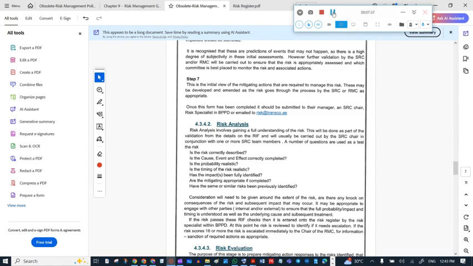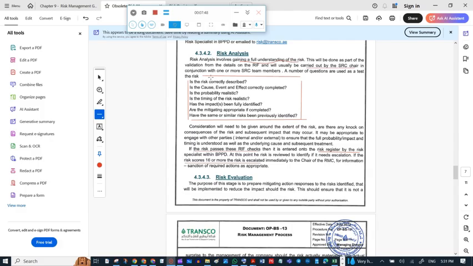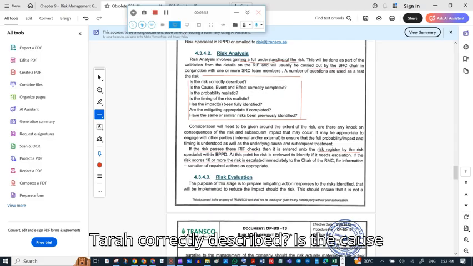So now we will continue with the risk analysis. These are a checklist for analyzing the risk. Is the risk correctly described?